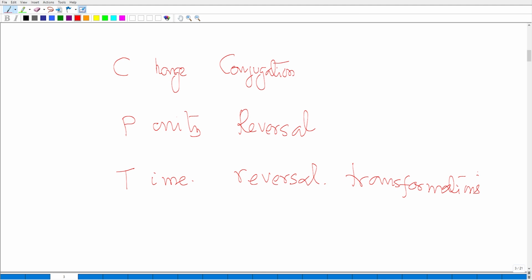You start from the last one. If I have in some function an argument which is made up of time denoted by small t, and I make my time go to minus t, then I would say that on my function f I have made a time reversal transformation. So, t goes to minus t.